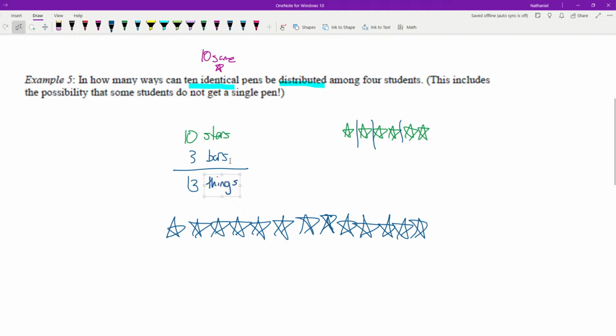Okay, so let's do that in blue, let's do that in purple. Okay, and now there are 13 things, and 3 of them I'm going to select to be purple. Maybe those 2 are both purple, and then that one's purple.